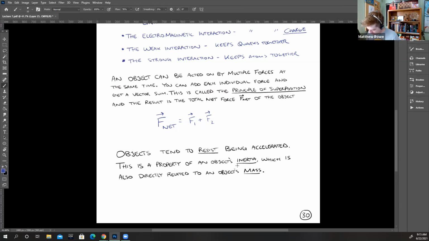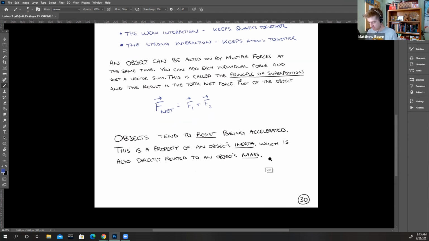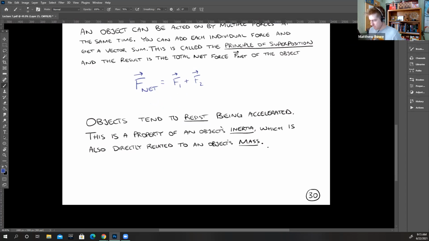So inertia is something's ability to resist change. For mass specifically, let me zoom in a bit. For mass specifically, it is how likely an object is to resist motion. So more mass equals more inertia, which means there's a bigger resistance to motion.